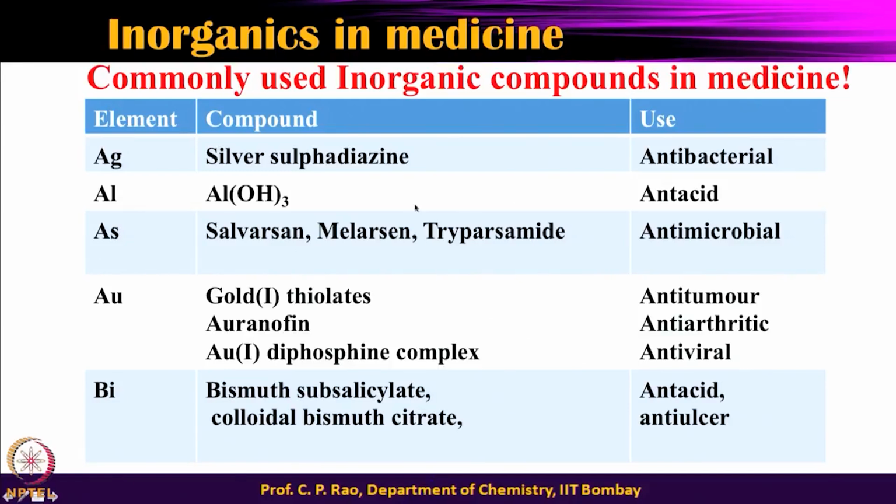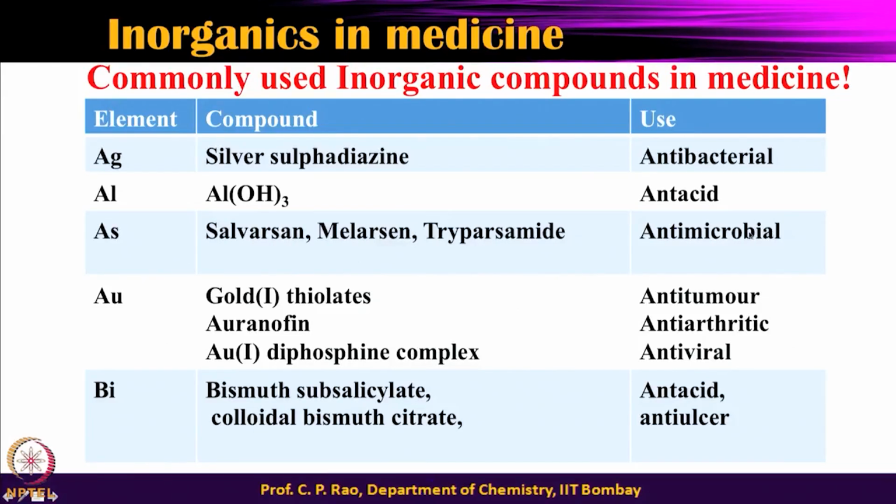Aluminum is in aluminum hydroxide, and you know that aluminum hydroxide is used as the antacid. Sometimes silicate based compounds are also used. Arsenic compounds of various kinds, these are all commercial names, can be used as antimicrobials too.